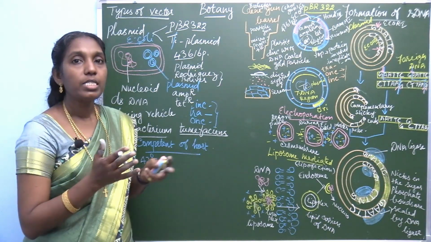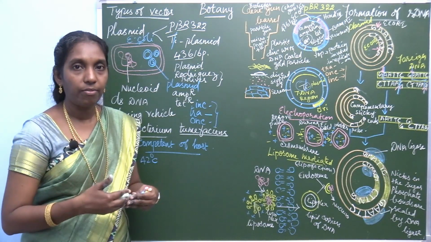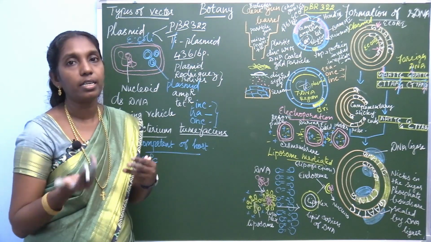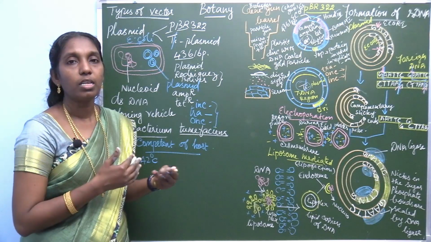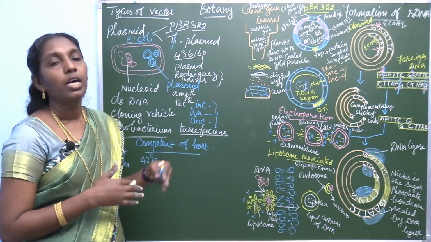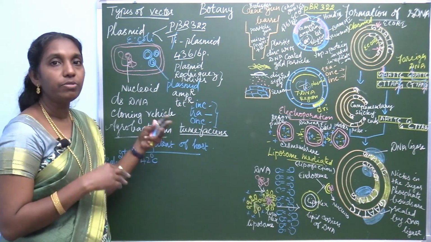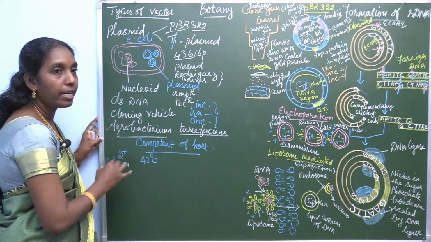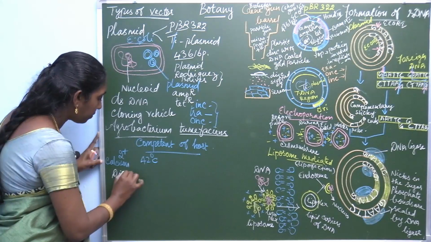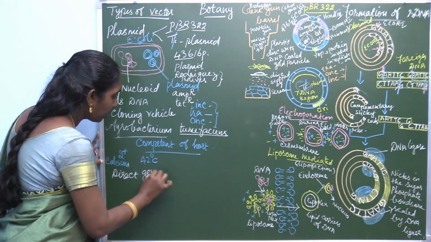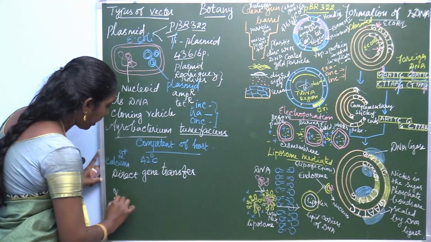The methods of gene transfer depend upon several factors, based on the type of vector as well as the type of host. Based on this, there are two different types of gene transfer: direct gene transfer and indirect.